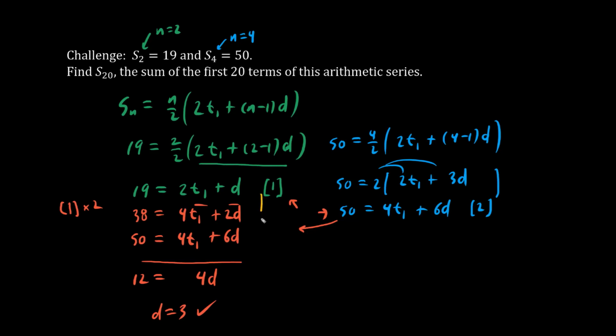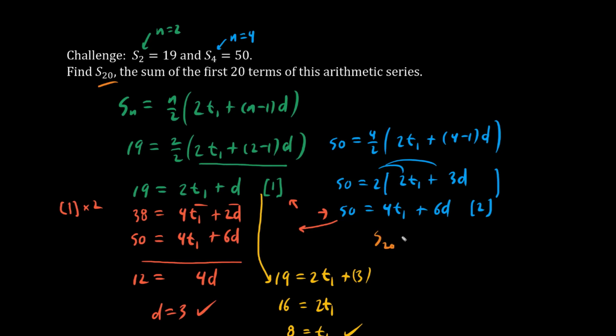Now let's substitute this fact into equation number 1. 19 equals 2t1 plus d, which is 3. So 2t1 equals 19 minus 3, which is 16. Dividing both sides by 2, we have t1 equals 8. We now have enough information to solve S20.